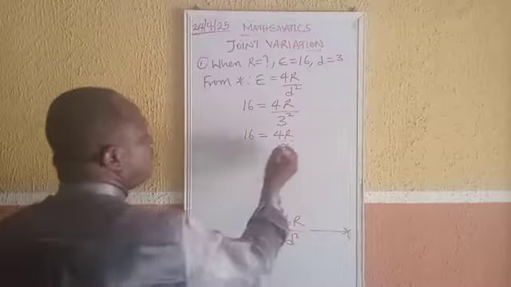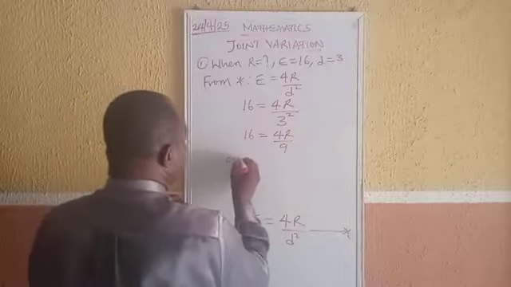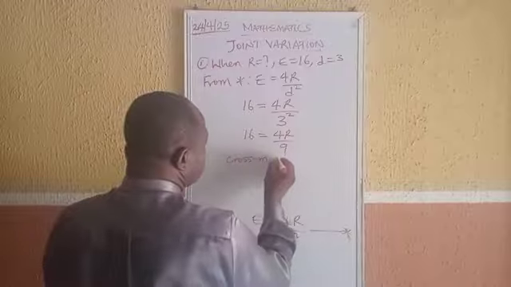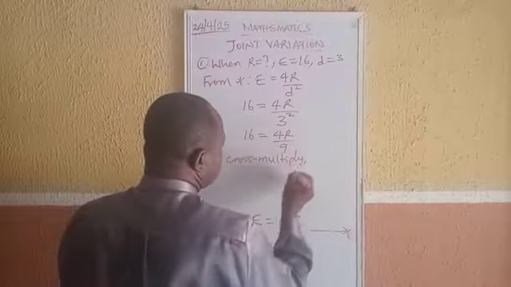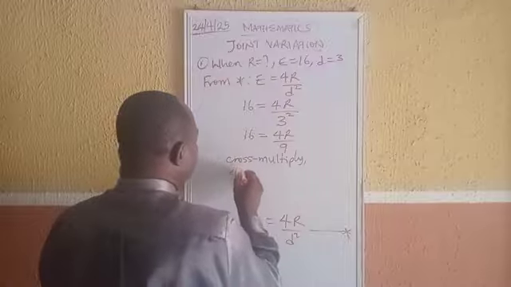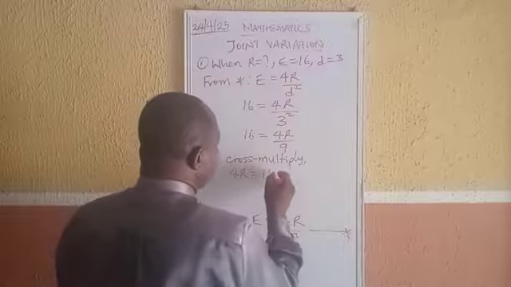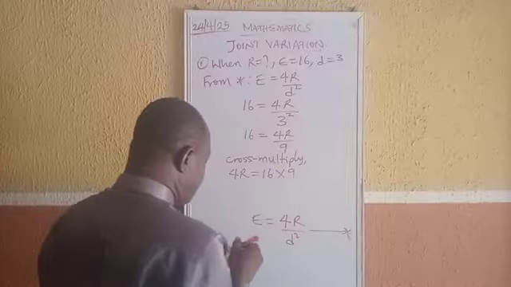Now we are looking for r. Let's cross multiply. We have 4r equals 16 times 9.